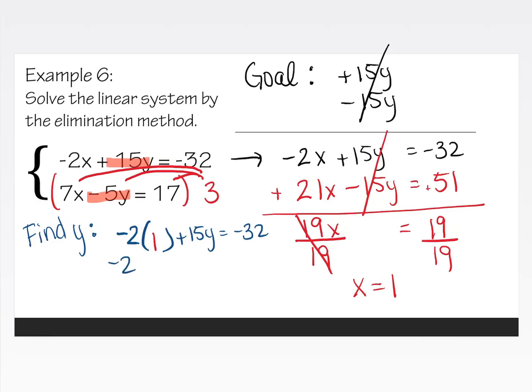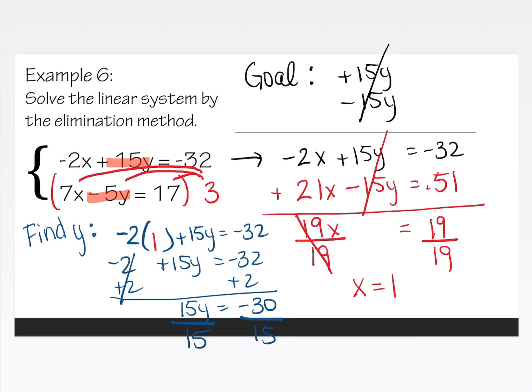So we have negative 2 plus 15y equals negative 32. Add 2 on both sides, and we get 15y equals negative 30. Now we can divide both sides by 15, and we get y equals negative 2.